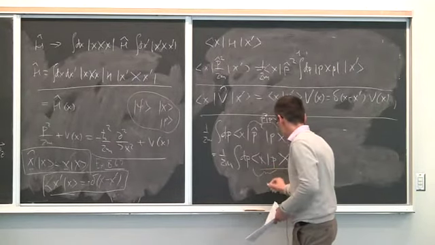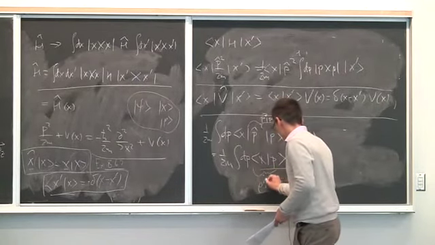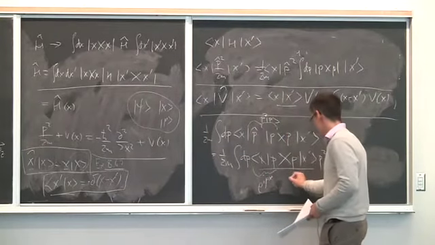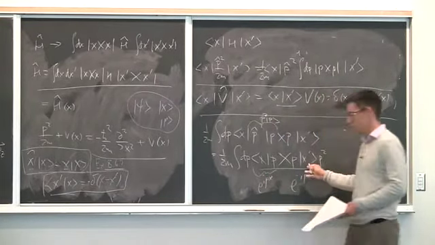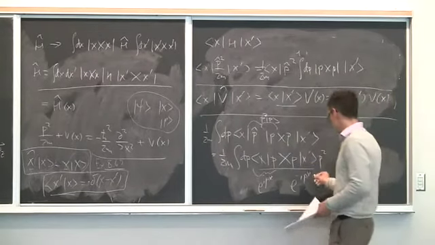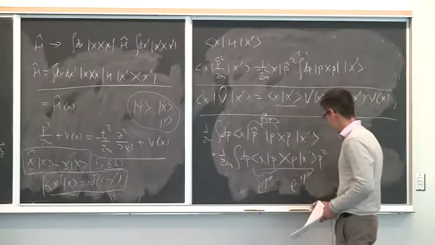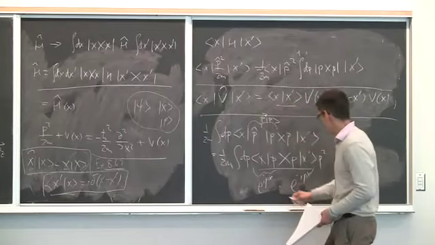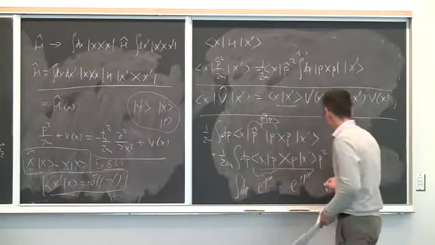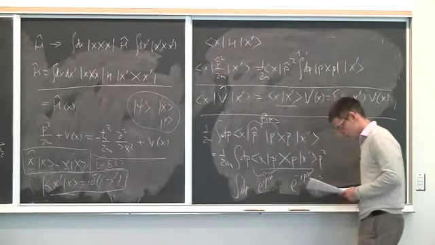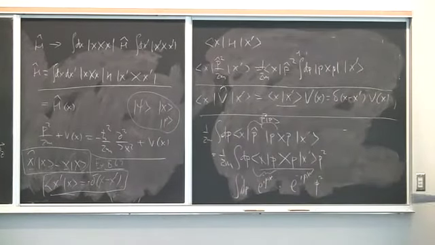So one is exponent of ipx, and another is exponent of minus ipx, because it's a conjugated quantity, with prime. So you have these two, and you integrate dp with p squared.